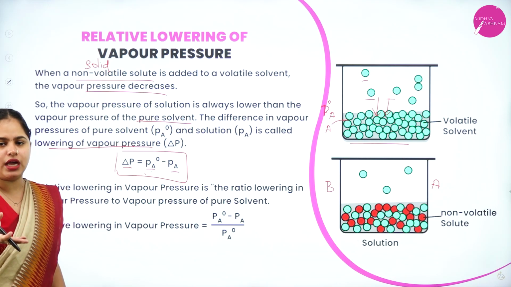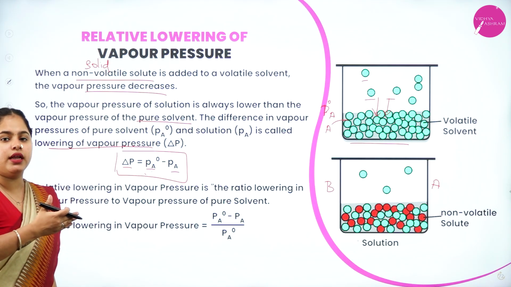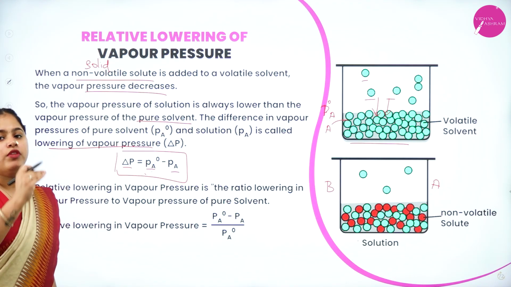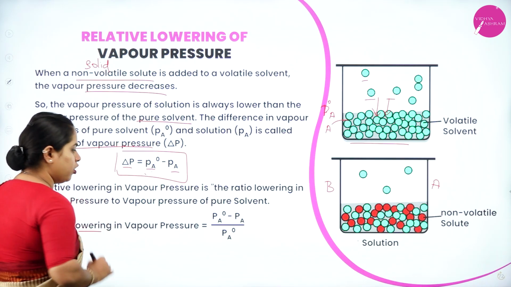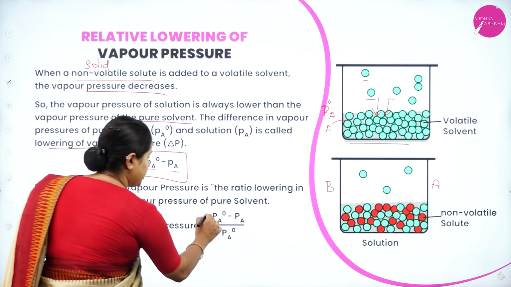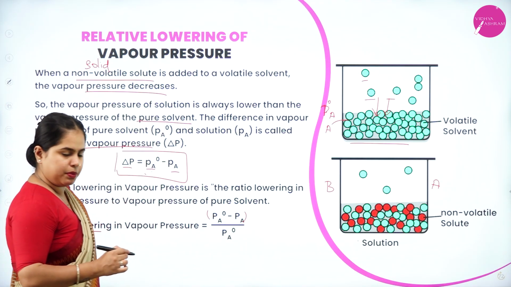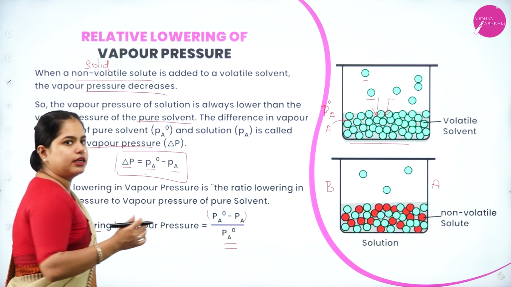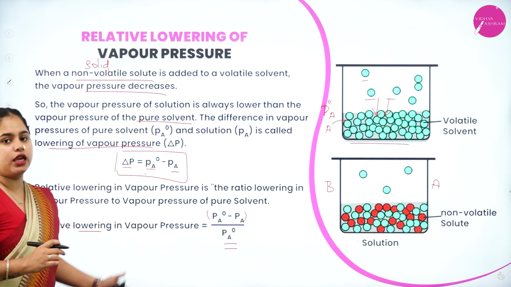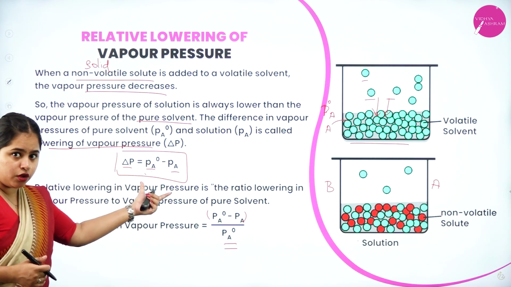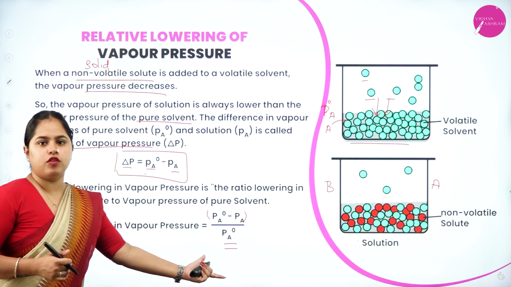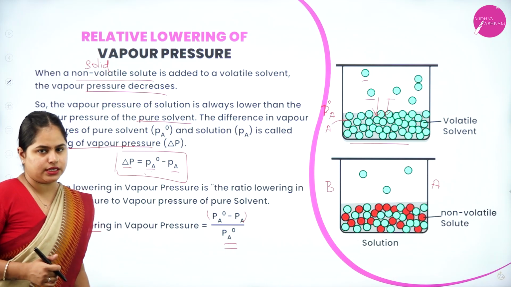So how much change happened, and we are relating it to the initial value, that is the pure solvent, right? So what will be the relative lowering of vapor pressure? That is the change in vapor pressure, P naught A minus PA, divided by P naught A, that of the pure solvent. So this is the equation of relative lowering of vapor pressure. So this is lowering of vapor pressure and this is relative lowering of vapor pressure. I hope that is clear for you.